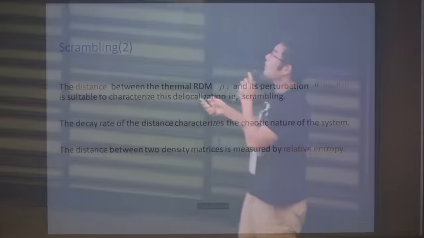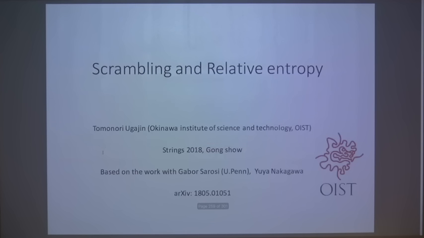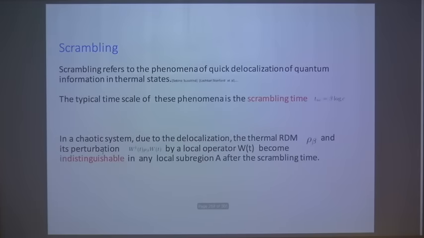Today, I'd like to talk about my recent work on the relation between scrambling and relative entropy. Scrambling refers to the phenomenon of quick delocalization of quantum information in thermal states.